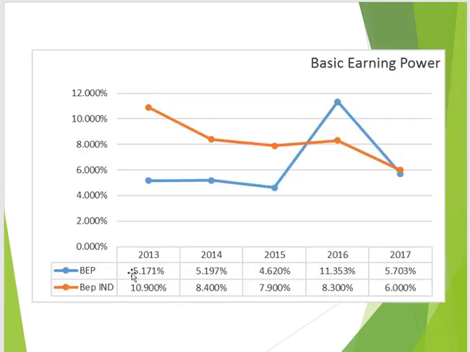So let's look at basic earning power. As you see here, the industry has a higher percentage of basic earning power than the company, except for one year. So we would really want to look at what is creating this. It appears we're not making enough earnings before interest and taxes, although we've already said that operating profit margin is higher.